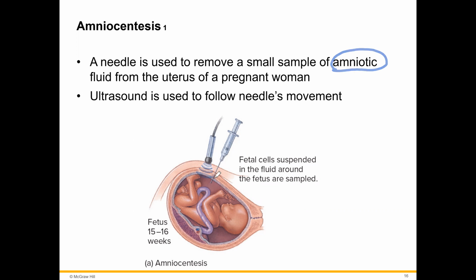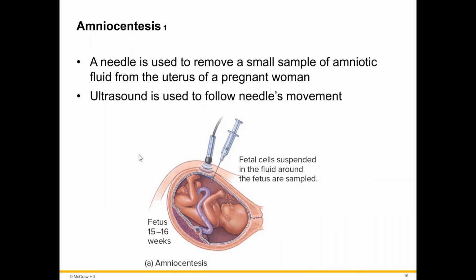So we just put a needle with a syringe and draw some sample of this fluid, right? And there will be DNA in this fluid. So we can do a karyotype or other analysis that we need. It's performed at 15 to 16 weeks of fetal age. Right, this is our amniocentesis technique.